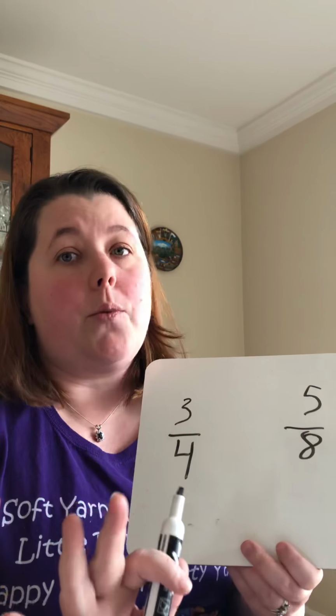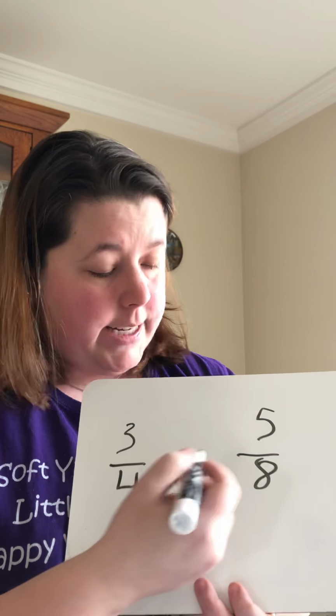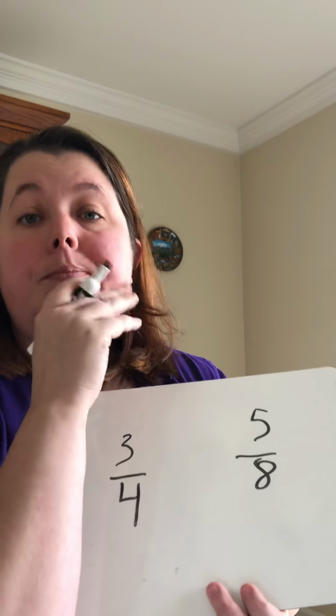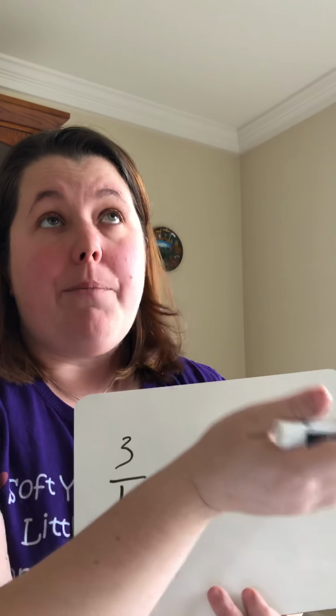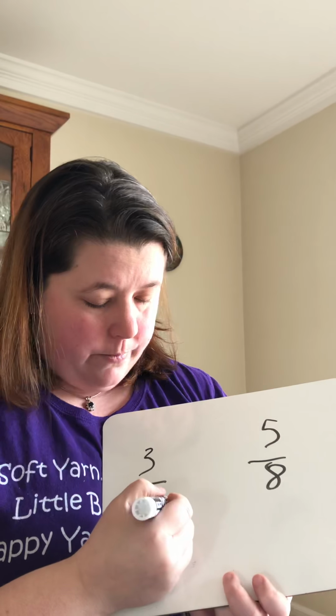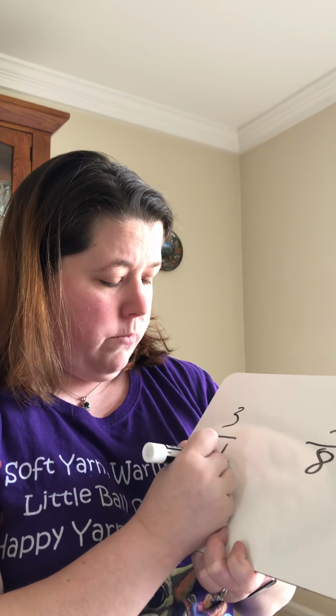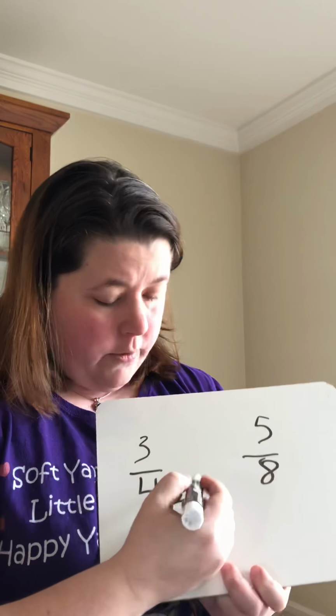So it's just like with equivalent fractions. What could we multiply 4 by to get 8? Well, 8 divided by 4 would be 2. So let's multiply by 2. Not plus, times 2. So that would be an 8.